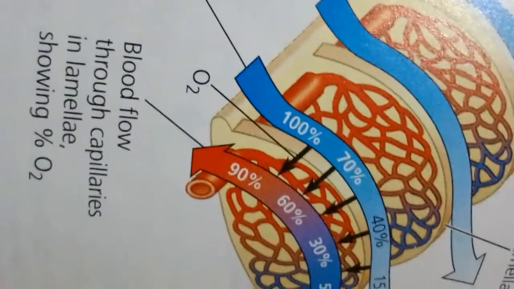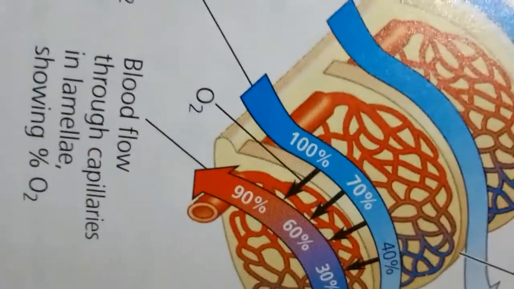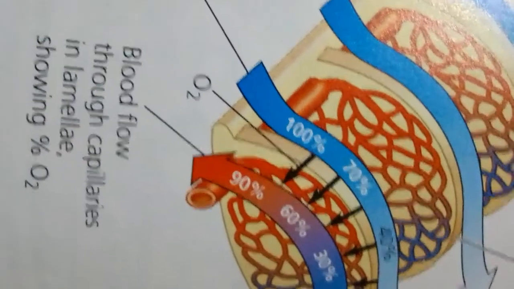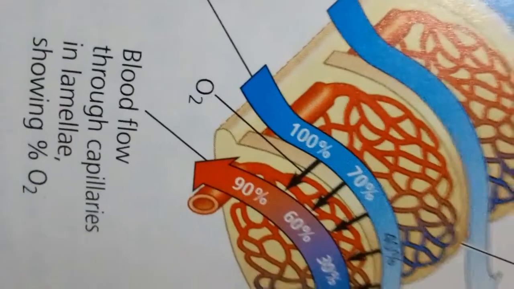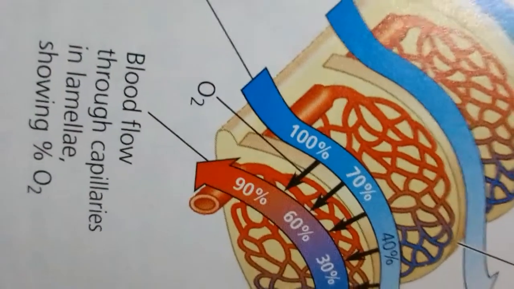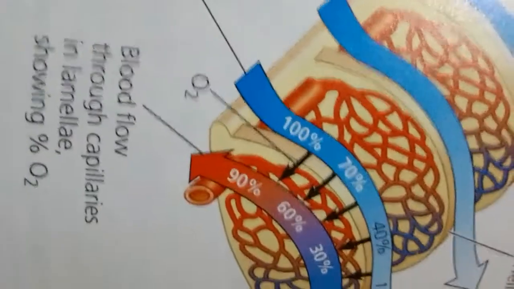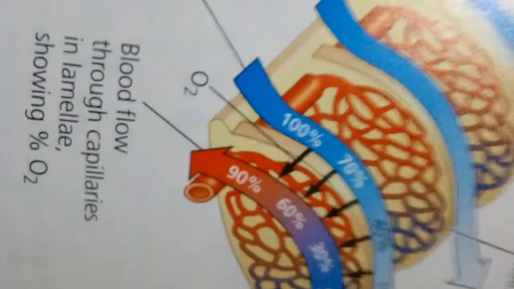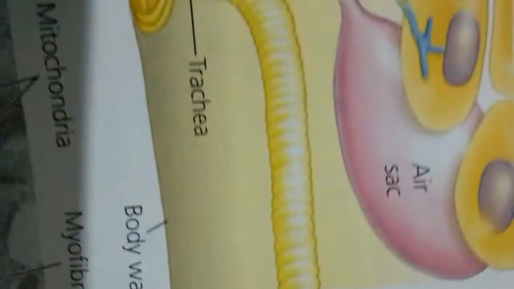The largest tubes, called tracheae, open to the outside. The finest branches extend to the surface of nearly every cell, where gas is exchanged by diffusion across the moist epithelium that lines the terminal ends of the tracheal system. Notice this closer look.